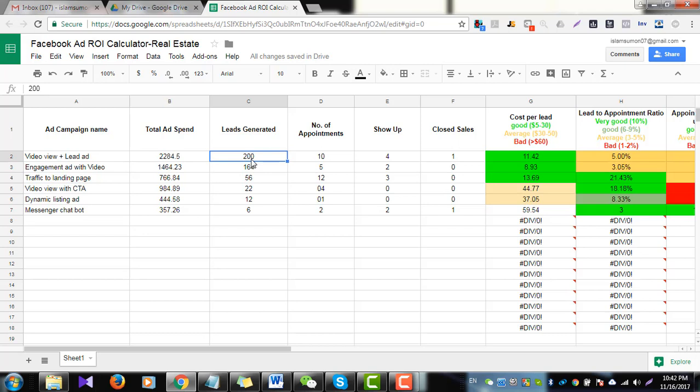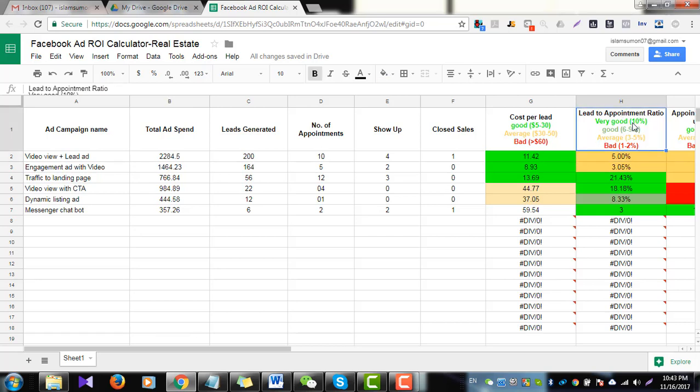Considering the second step, you need to calculate how much you are spending per appointment. Okay, so now typically we saw that obviously not all of them will become a very strong lead, so a certain percentage of them will. So here's a lead to appointment ratio calculator. Here are the metrics.